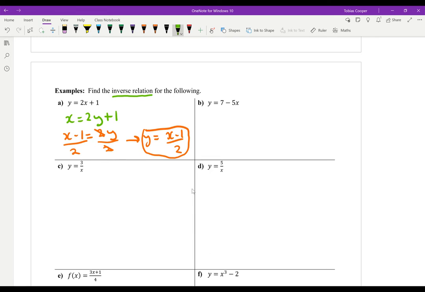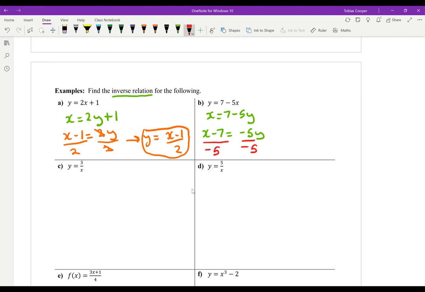So to find the inverse relation of this, you can pause the video if you want and have a go at this by yourself. Swap x and y, so x equals 7 minus 5y. And then we've got to make y the subject. So we're going to take 7 from both sides. So we've got x minus 7 is equal to minus 5y. And then we're going to divide both sides by negative 5.